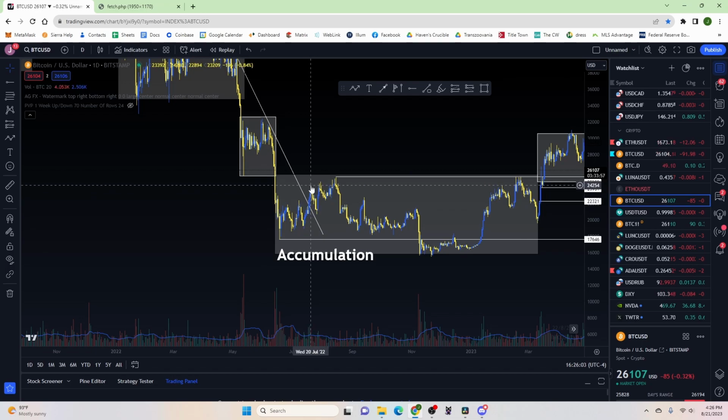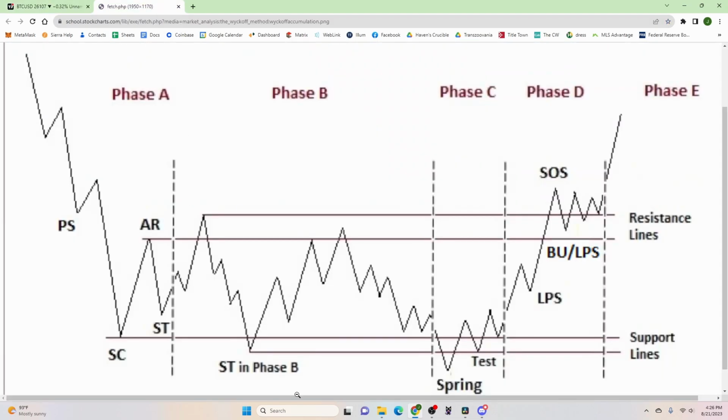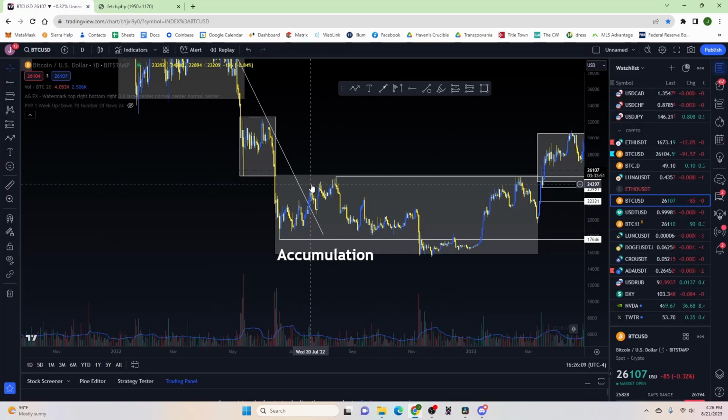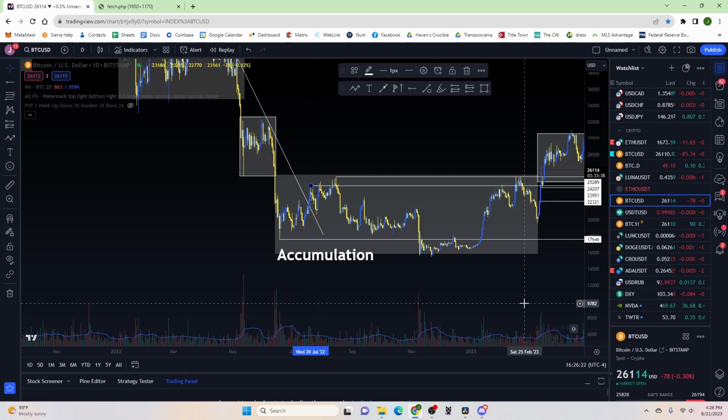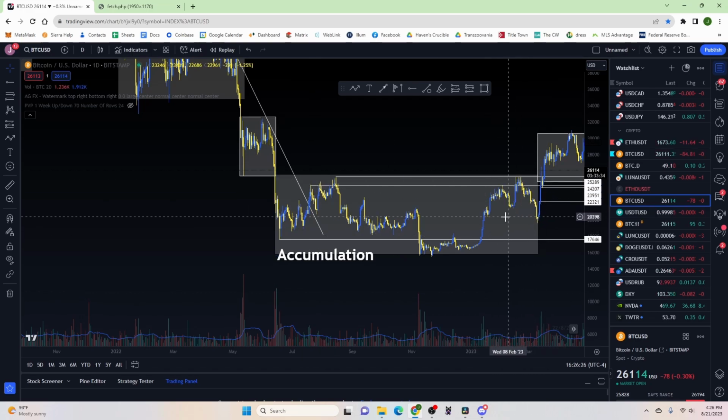I'm not going to go into what all these mean today; that's going to be in a future episode. Basically, the AR is a reaction to the SC down here, which is the selling climax. It's not necessarily the peak, but it generally denotes where the majority of the volume will be whenever there are upper tests. As you can see, the volume picks up in this range. That to me is a better look at what the AR may be.